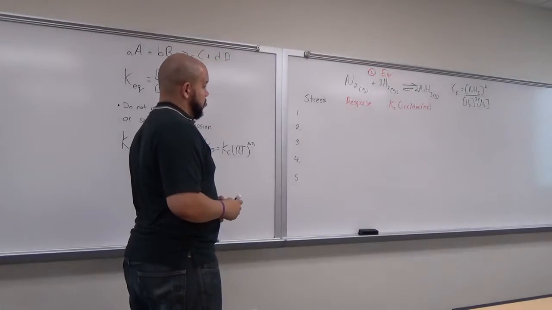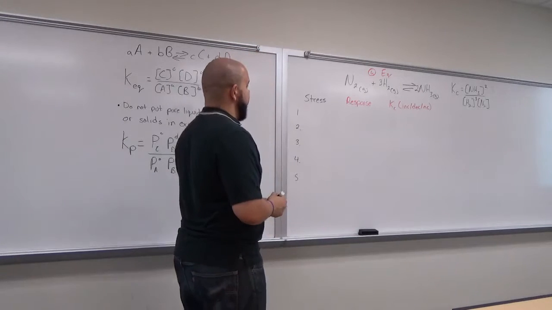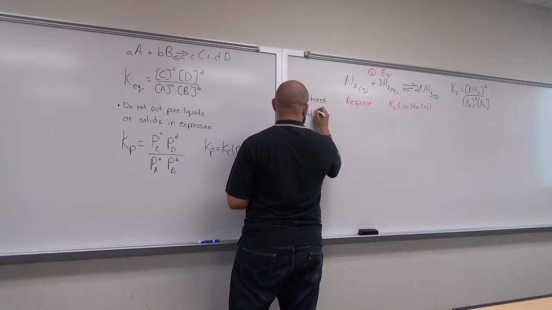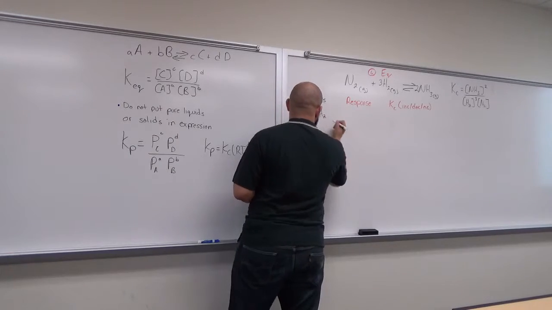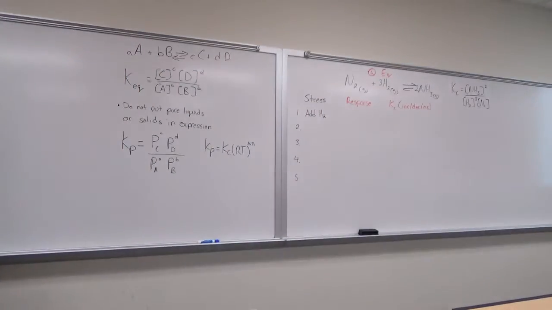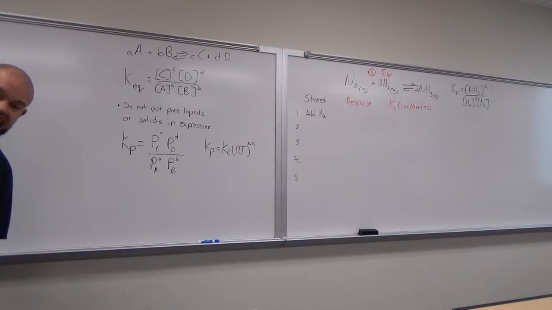First stress. Let's say that we add H2 to the system. If we could find a way to just add some H2 into the system at equilibrium, that is the stress that we have caused this particular reaction. How would we expect it to respond?